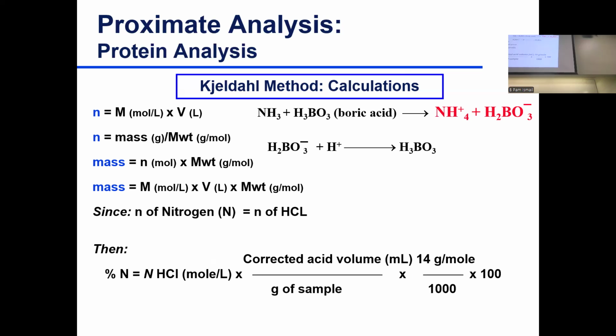By 1,000. So now my units will cancel, because now this becomes liters. All right, so now molarity is a given. The corrected volume I can get. I want to get the molecular weight of nitrogen, and that's 14. So 14 grams per mole. So now moles cancel.